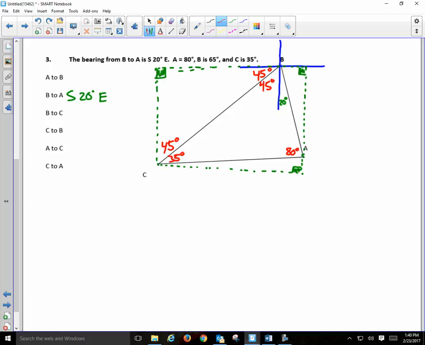Okay, and so then B. Rhodey says that if this is 20, then this is 70. 20. Yep, this one will be 10. That one's 80 sitting right there, right? Okay.